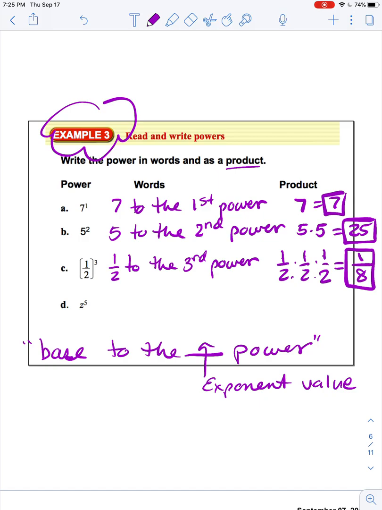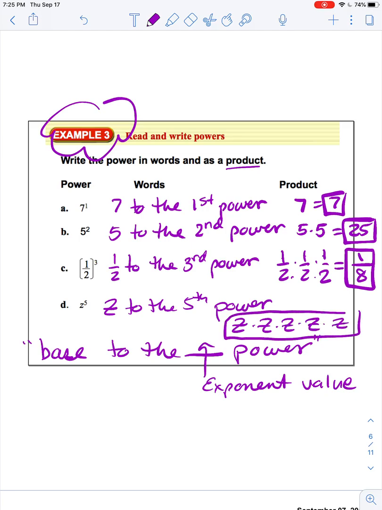So here's my value for that one. This last one, my base is Z to the 5th power. This one I can't find on my calculator, but I'm repeating the Z 5 times, and then I leave that as my product. And I put the little line through the Z's just so they don't look like 2's.